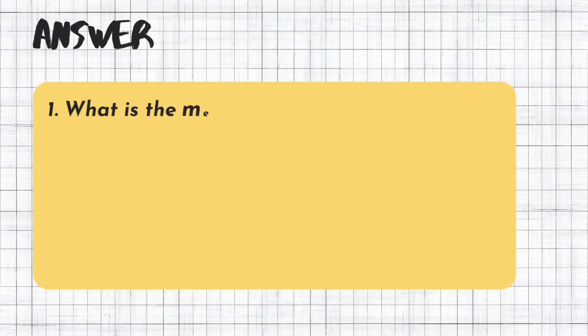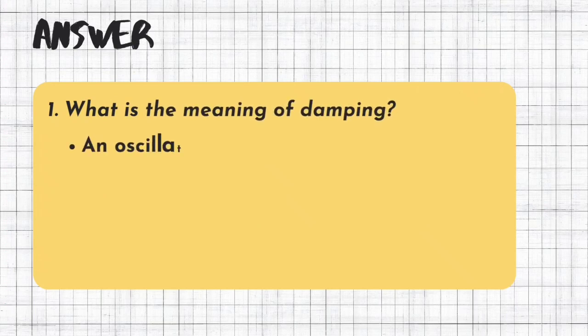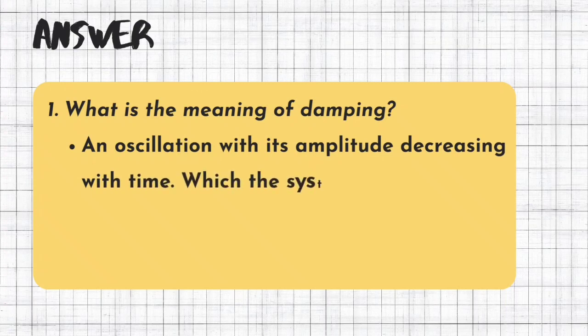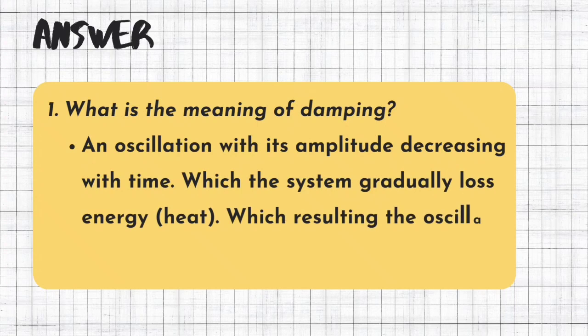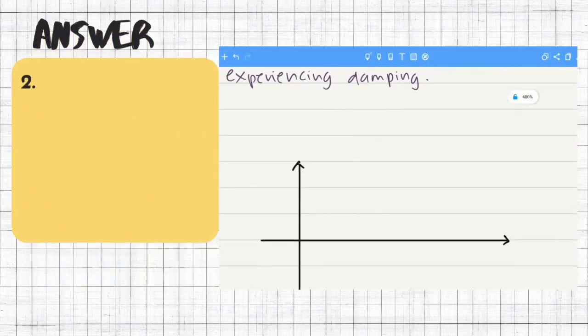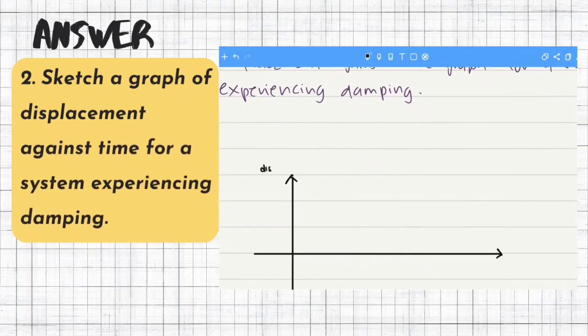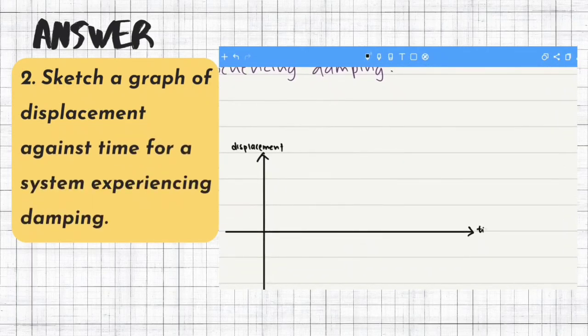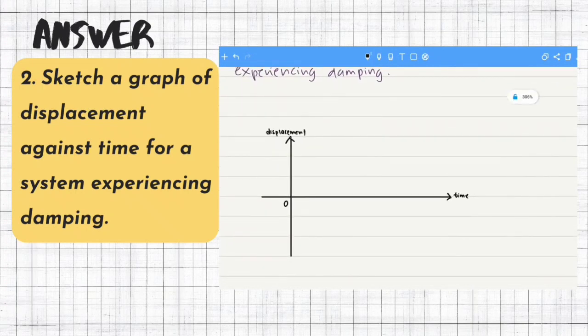The answer for question 1 is damping is an oscillation with its amplitude decreasing with time, in which the system gradually loses energy in the form of heat, resulting in the oscillation stopping. Next, to sketch a graph of displacement against time for a system experiencing damping, first we draw the axes, then we draw the graph.